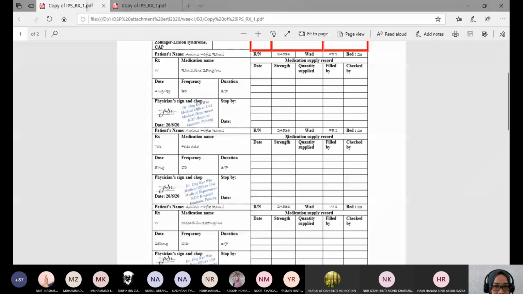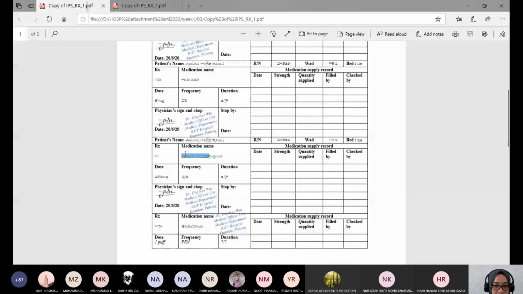Okay, so here, for example, IV ranitidine. Okay, IV ranitidine. For a new patient, you still need to add 1 dose. Same here, folic acid or cloxacillin. So you always need to add 1 dose, regardless what types of medication for a new patient. Okay, that's the rule.